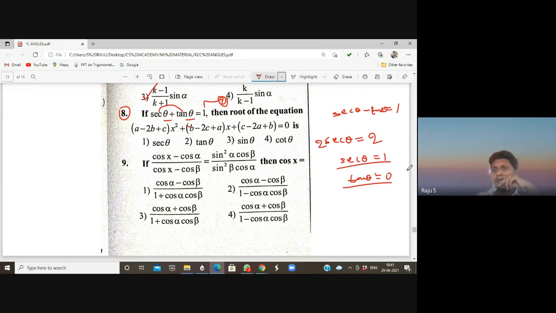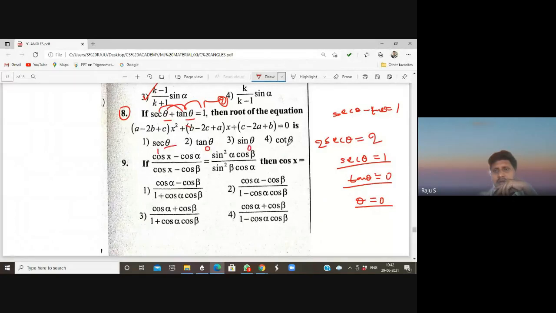Tan theta is 0 and secant theta is 1, so theta is equal to 0. Substitute that same theta value into the options: either the answer is 1 or the answer is 0.